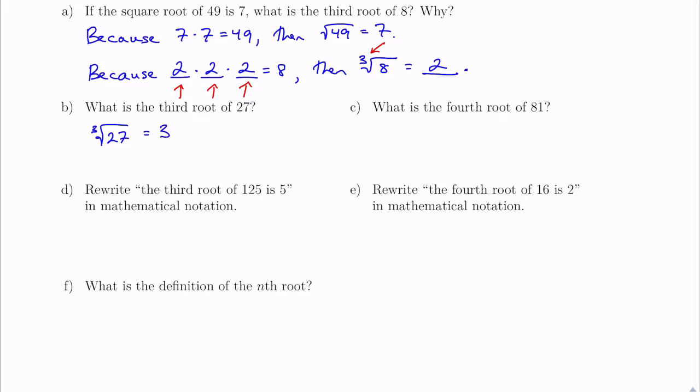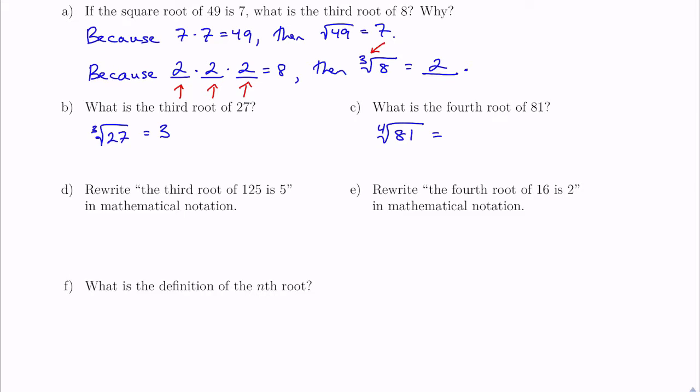In part C, what is the fourth root of 81? The fourth root of 81, again, is asking what number multiplied by itself 4 times would give us 81. We would write that as the fourth root of 81. And building off of our answer from part B, 27 times 3 is 81.